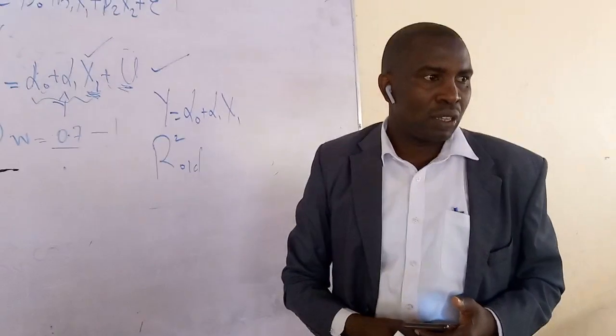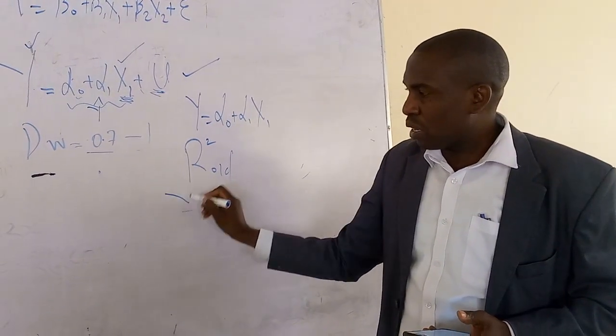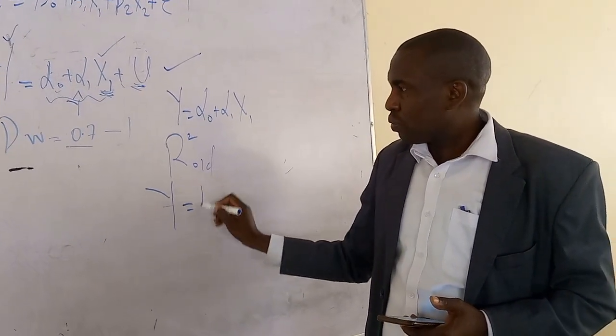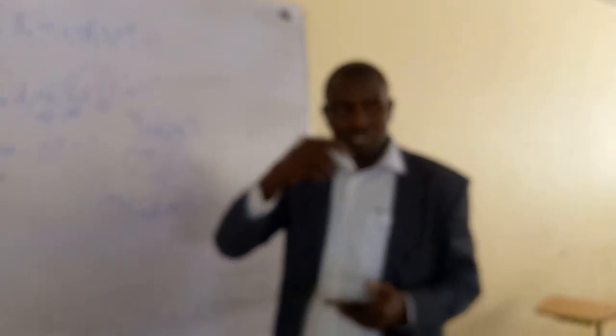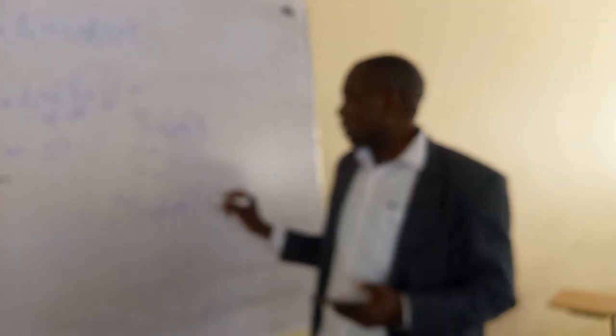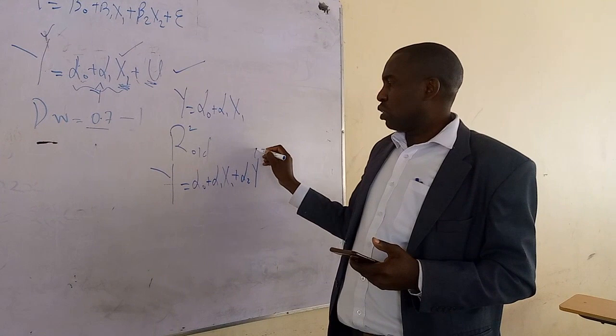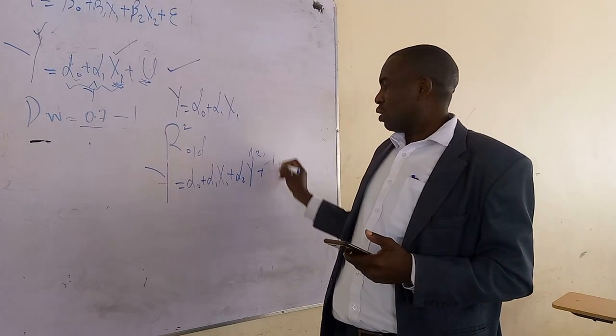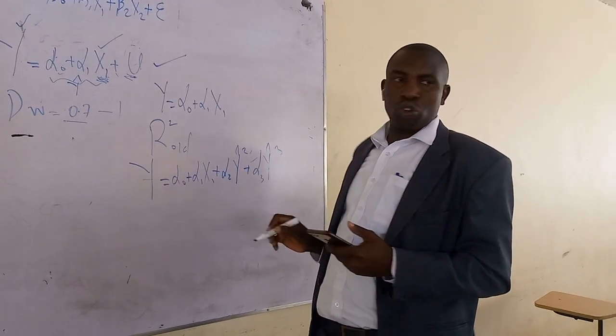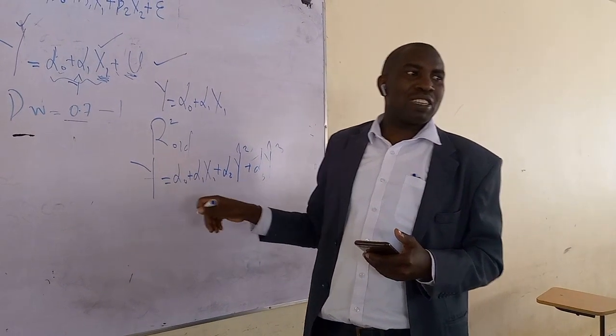You can call it R squared old. Then you run this one. It's like when you plotted and found there was a systematic pattern, so the better model could include y hat squared and also y hat cubed.